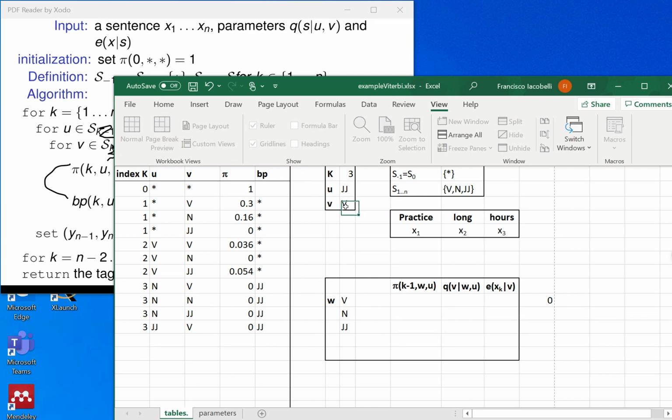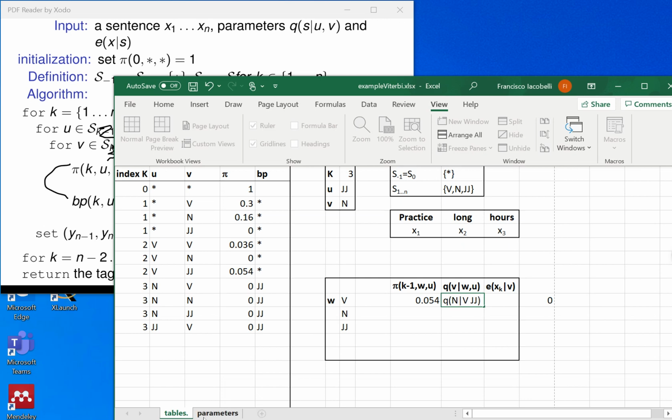Now we iterate for the next tag on V, N. So we do, again, pi of 2 V JJ. Where's that? Here, 2 V JJ, 0.054, right? Q of V, which is N, W, V, and then U, which is JJ.